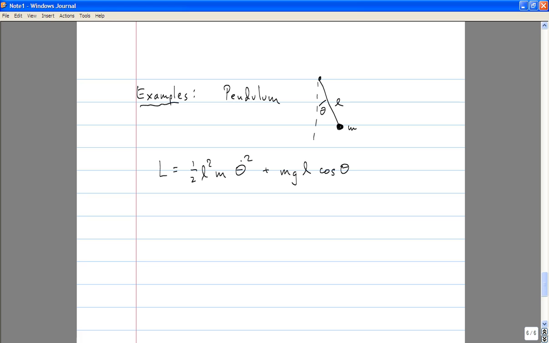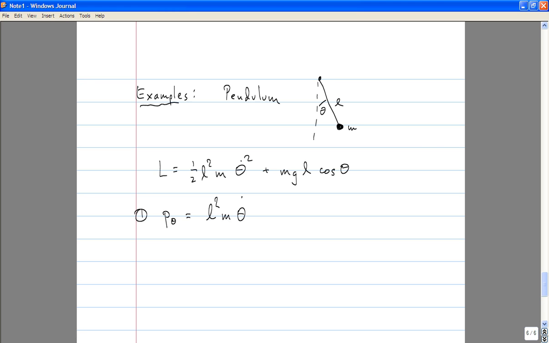So step one, what was step one? I forget what step one was. Step one was compute the momentum conjugate to the dynamical variable theta. So let's call that P sub theta. That's the derivative of the Lagrangian with respect to theta dot.